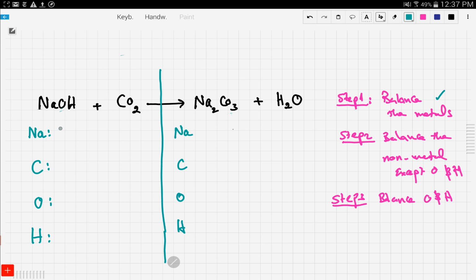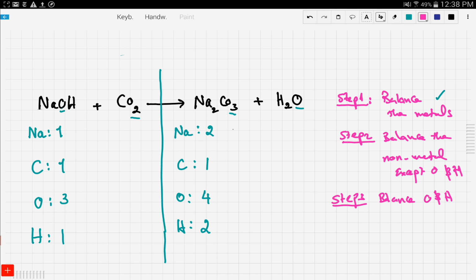We have one sodium here, one carbon, and one oxygen here, and a 2 there, so a total of 3, and one hydrogen. That's that. The next, we have 2 sodium here, 1 carbon, and 3 oxygen here, 1 here, so a total of 4, and lastly we have 2 hydrogens.